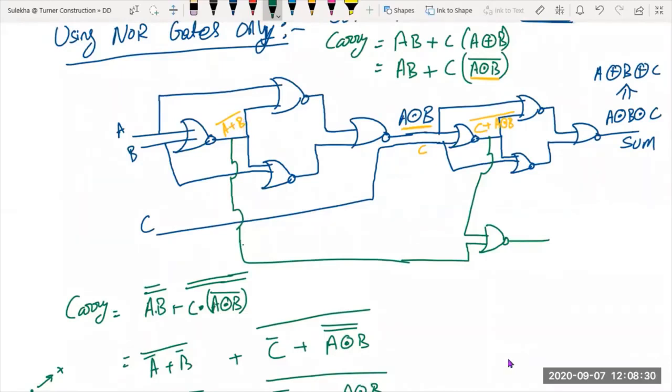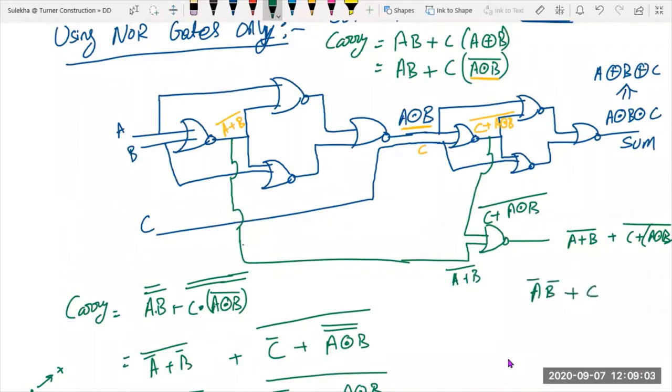If I realize it from here, this is A plus B bar, and this one is C plus A XOR B whole bar. And here I am getting A plus B bar plus C plus A XOR B whole bar. If I solve it further, I will get A bar B bar plus C bar dot A XNOR B bar.